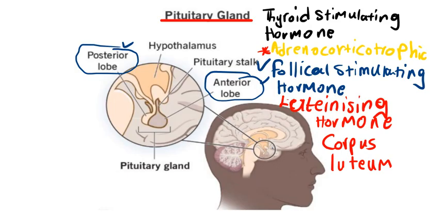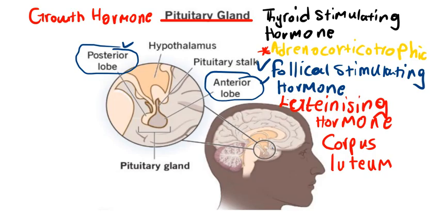Now, coming to the posterior lobe, which secretes most of the hormones that are not involved in stimulating other endocrine glands to function, we have what we call the growth hormone. This growth hormone is the one that stimulates growth by causing the macromolecules to be synthesized.